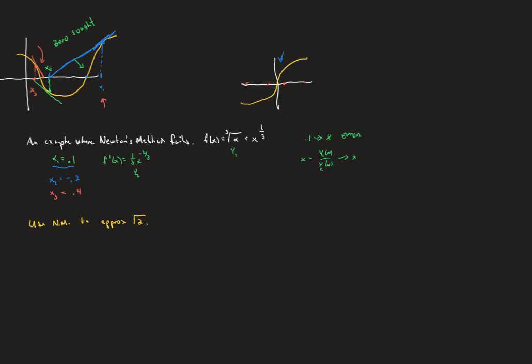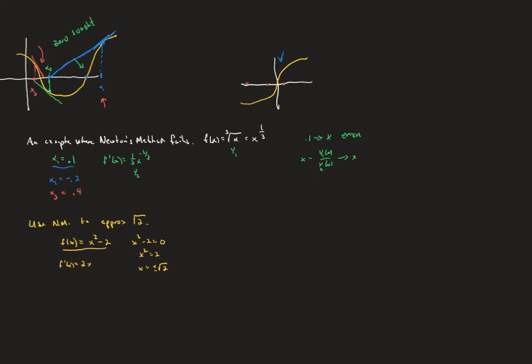We could say f of x is equal to x squared minus 2, because if we solved that, positive and negative square root of 2 would make it 0. This is our function f, and its derivative, f prime, is 2x.